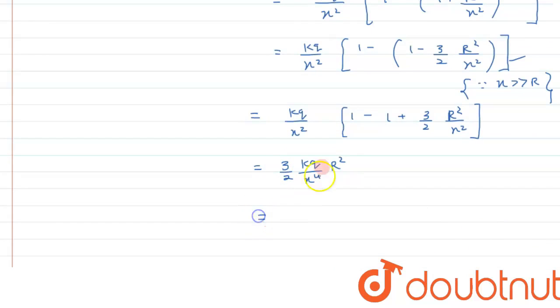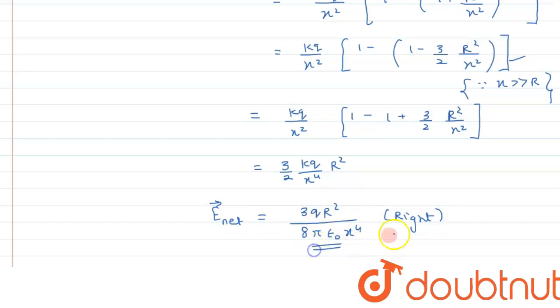If we substitute the value of k as 1 by 4 pi epsilon 0, we are left with 3 q r square divided by 8 pi epsilon 0 x raised to 4. Since the value we are getting is positive, the direction will be towards right. This is the net electric field value, and since we were asked for the magnitude, this is the answer to this question.